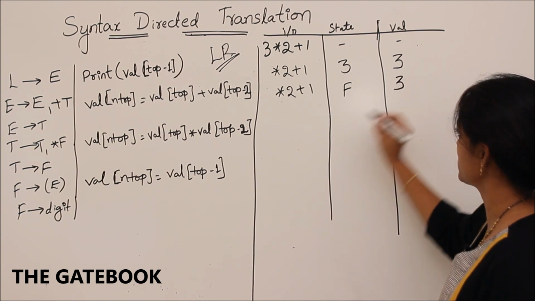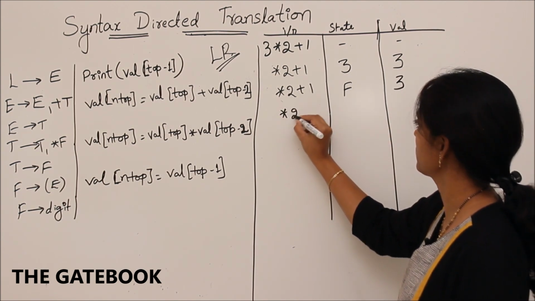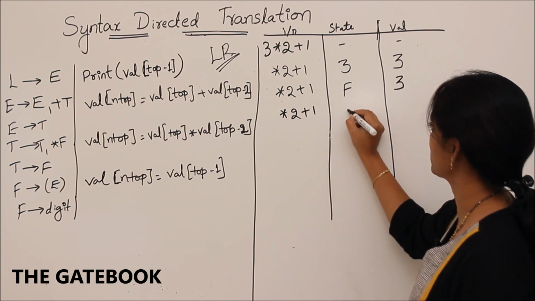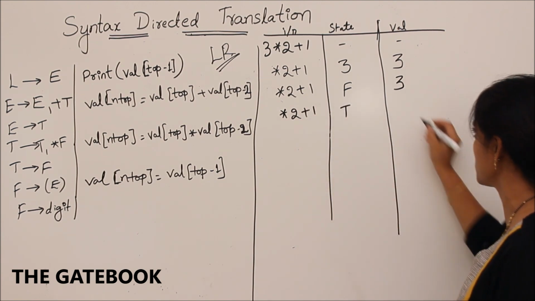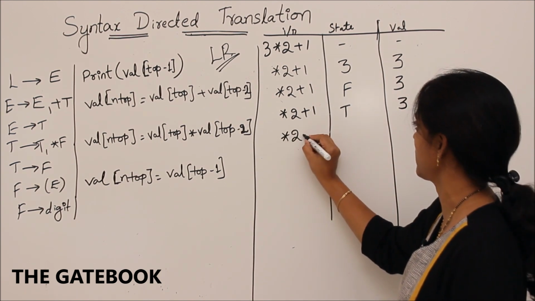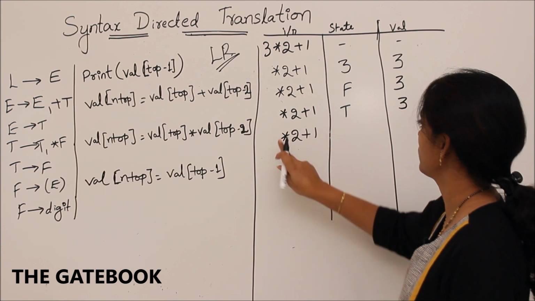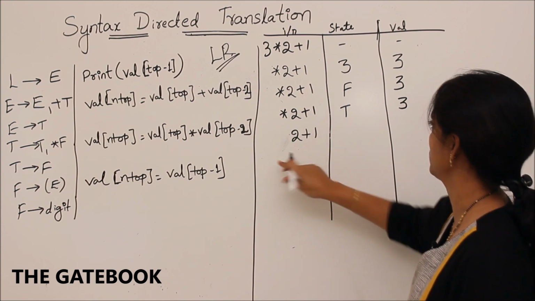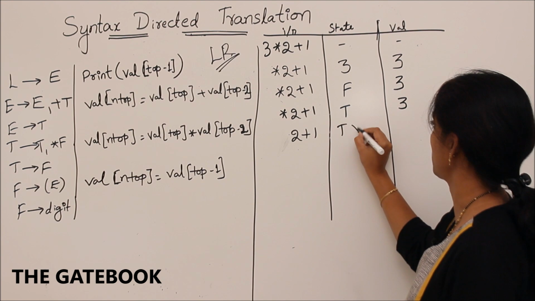Then there will not be any change, and then we replace F with T by the T derives F production because there is no semantic rule, so there will not be any change in that stack, and then we move star now to T star.